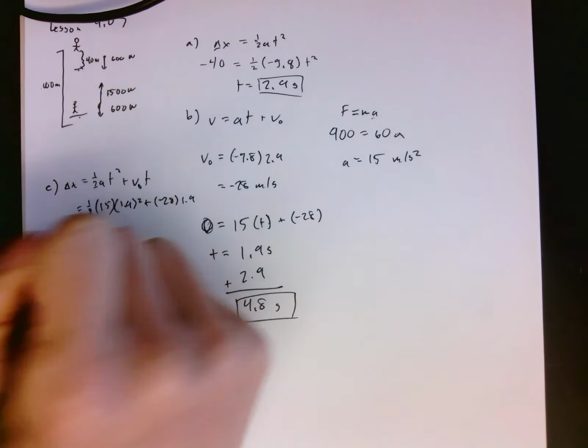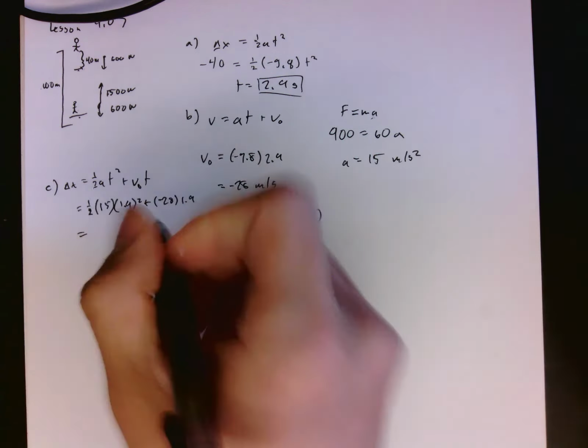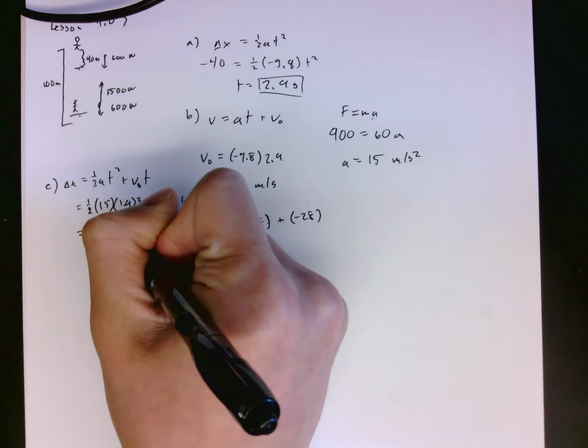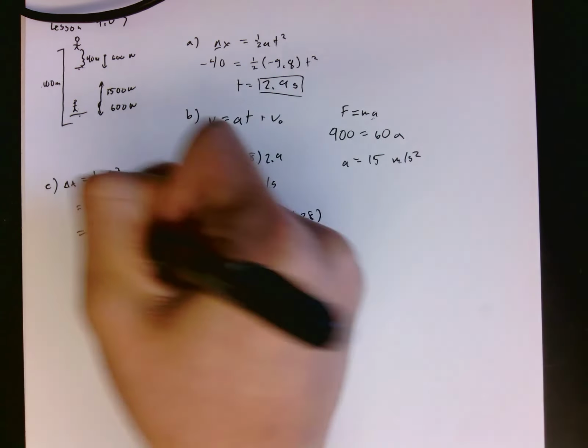So displacement x should be negative 20.5 since he's going downwards.